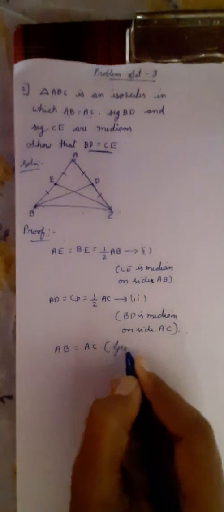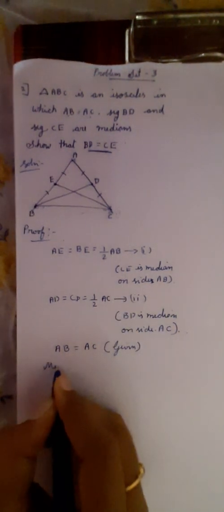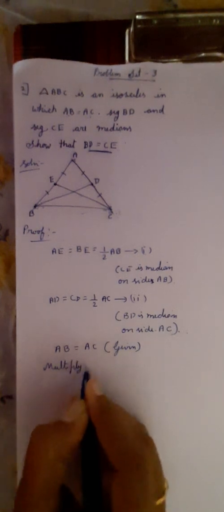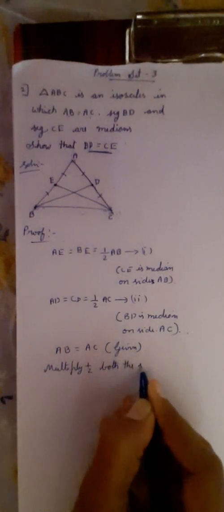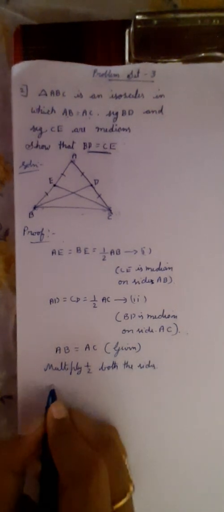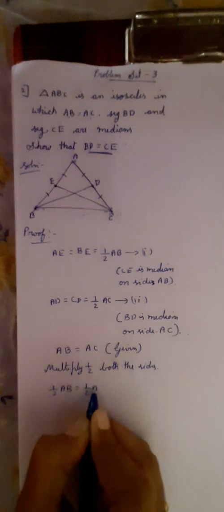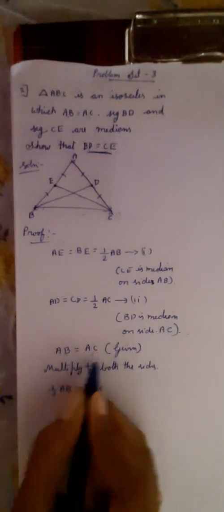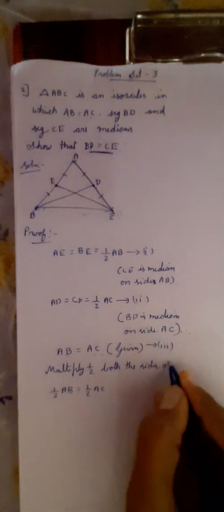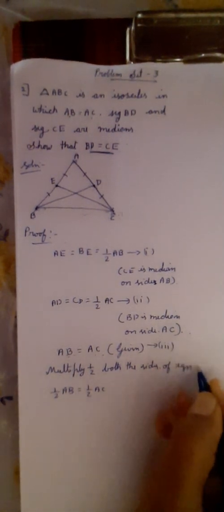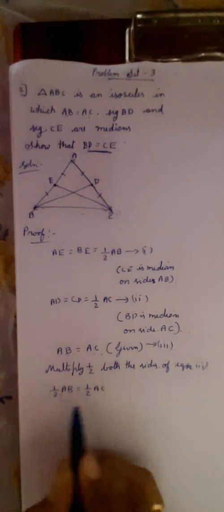This is given in the question. So here just multiply half both the sides. What happens? You will get half into AB, and here this side half into AC. Multiply half to both the sides of equation 3. So you will get half AB equal to half AC.